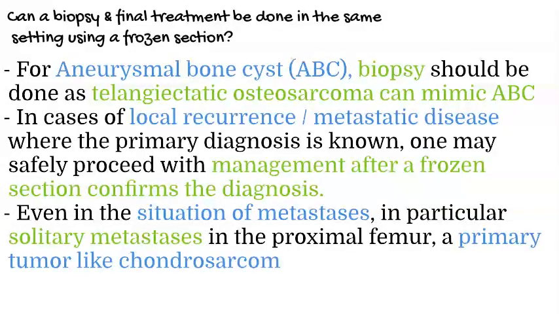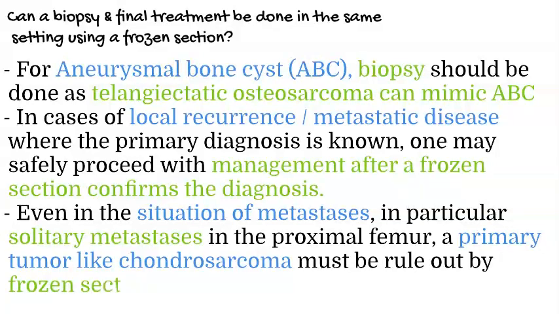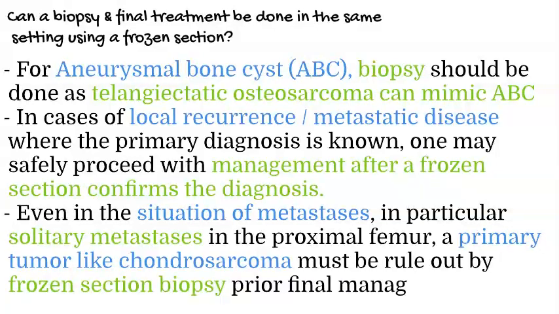Even in the situation of metastasis, in particular solitary metastasis in the proximal femur, a primary tumor like chondrosarcoma must be ruled out by frozen section biopsy prior to final management.